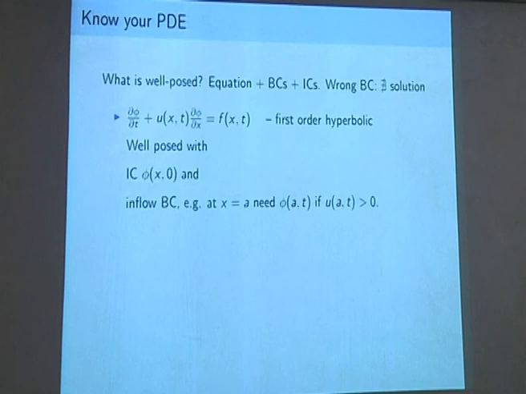And again, at the two ends you have to say something. You might want to say the value or its derivative at both ends because you've got information propagating in from both. This equation propagates information in both directions at a velocity c.